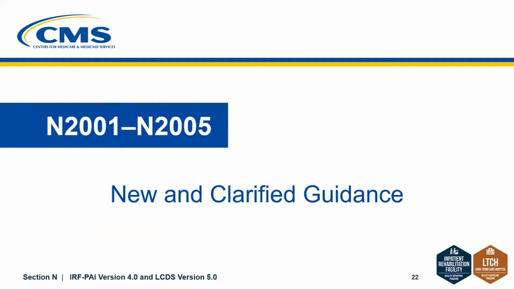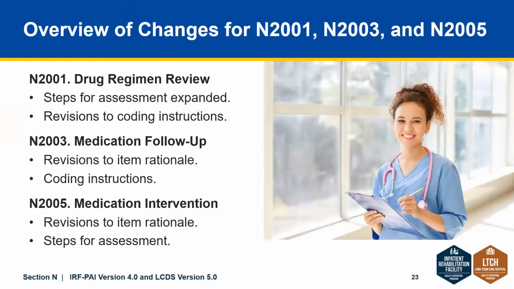Now we are going to turn to a discussion of some updates to the guidance for the drug regimen review items N2001, N2003, and N2005. Here is an overview of the revisions.